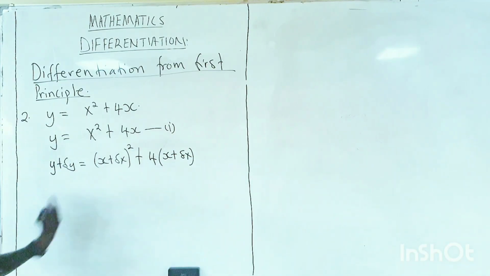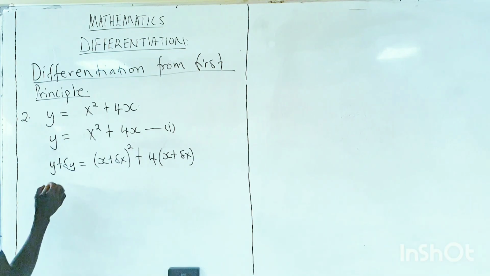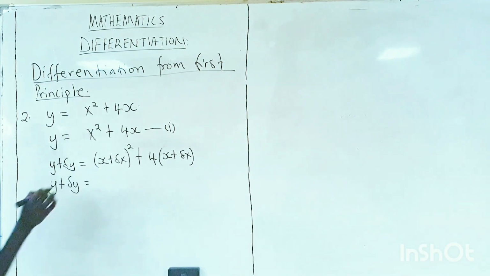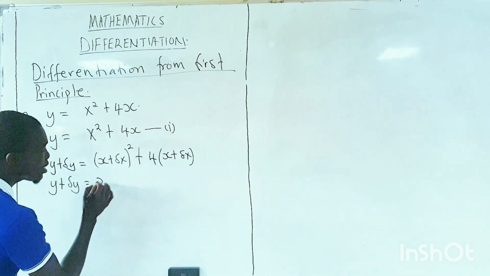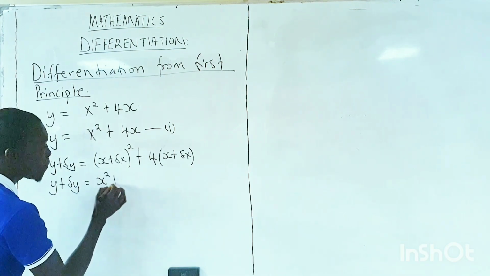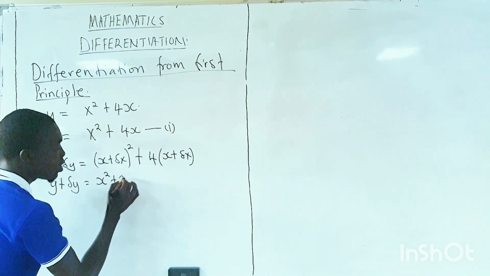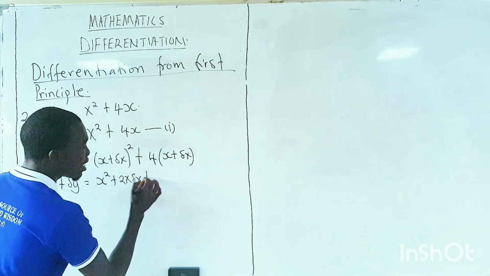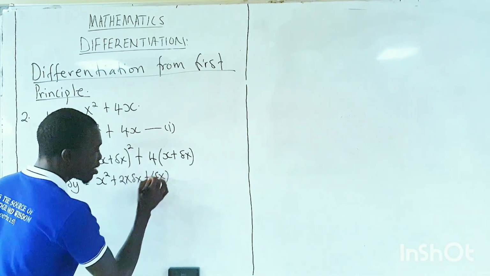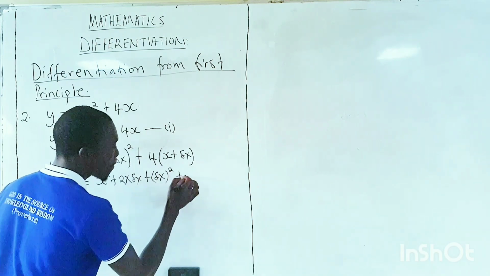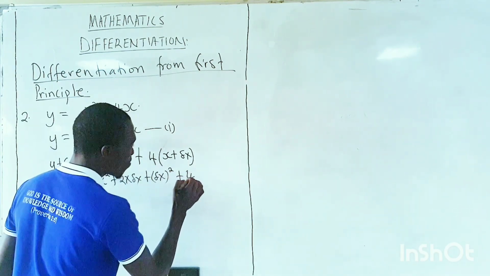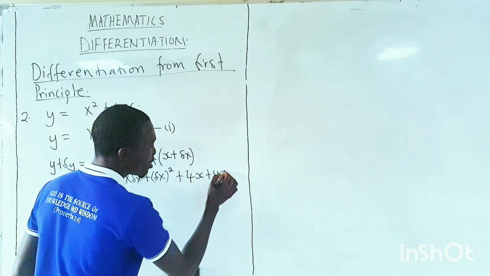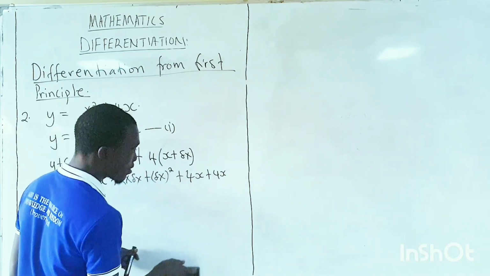Then if you expand this, we shall have y plus delta y equals x squared plus 2x delta x plus delta x, everything squared, plus 4x plus 4 delta x.